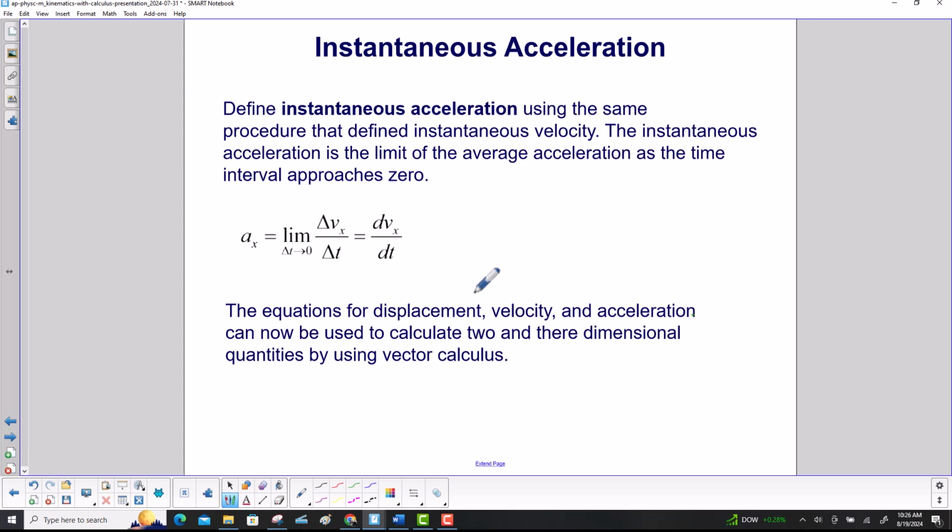So what does that mean? That's over here. Just like velocity and position, now we have acceleration and velocity. And the limit of delta Vx over delta t, as delta t goes to 0, is dVx over dt. The equations for displacement, velocity, and acceleration can now be used to calculate 2- and 3-dimensional quantities by using vector calculus.